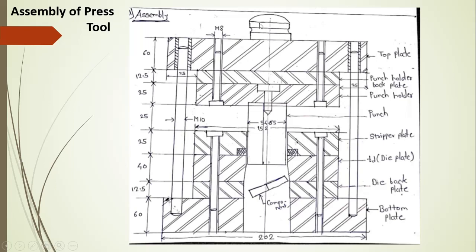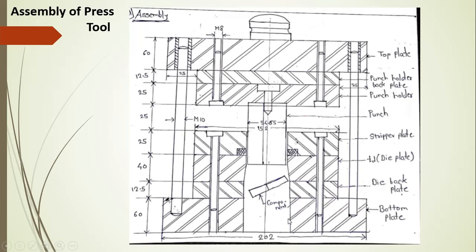This upper portion we call the shank, which gives the load to the whole assembly, and then the punch operation is performed. As I already told you, between the stripper plate and your die, your sheet metal will be there, shown by double hatching. Whenever we apply the punch to that sheet metal, the component will come out.